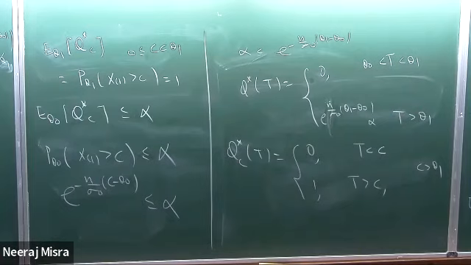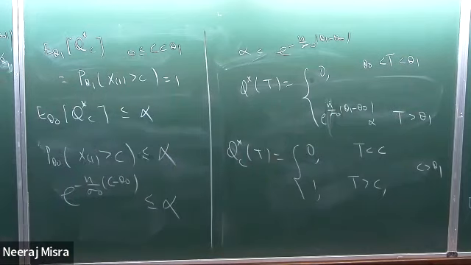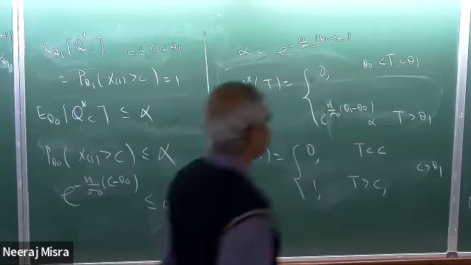Is that okay? What is the power of this test? First of all, this c has to be chosen so that the power of this test is the same as the power of the earlier test. What is the power of phi star?